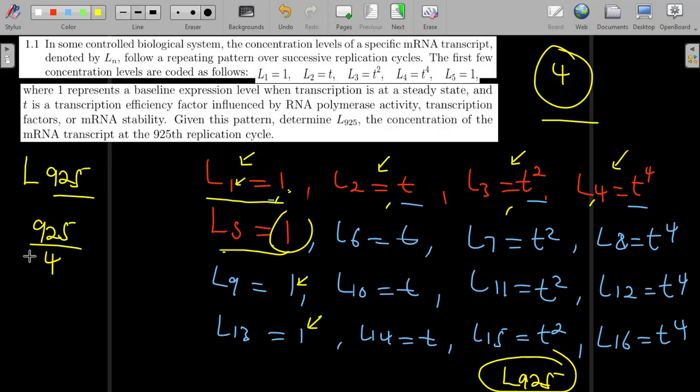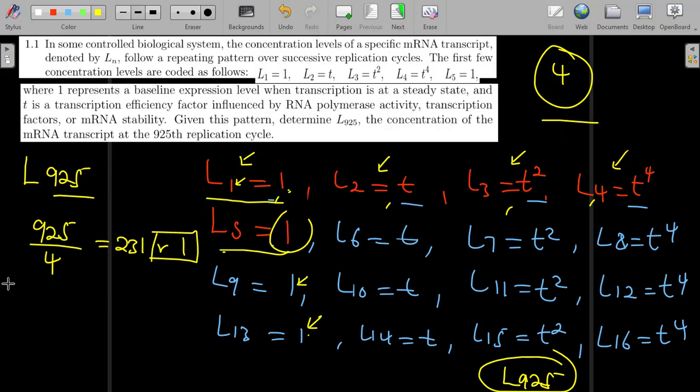So 925 divided by 4 is going to give me 231, remainder 1. So this remainder 1 is the one that you write there, remember?